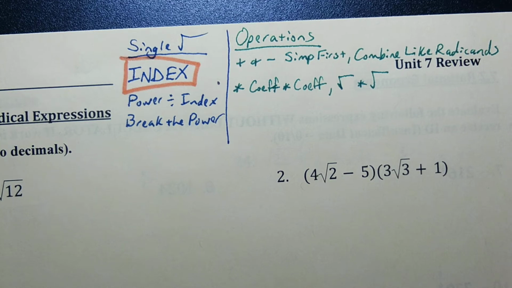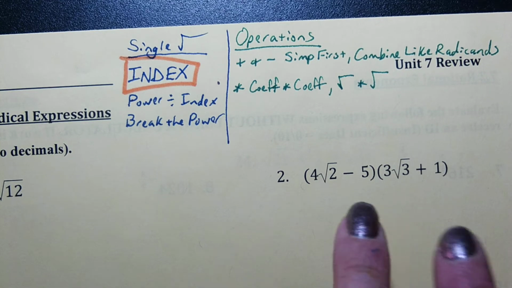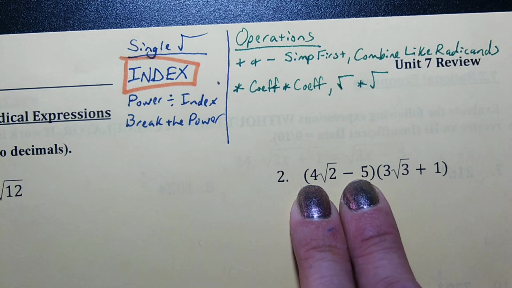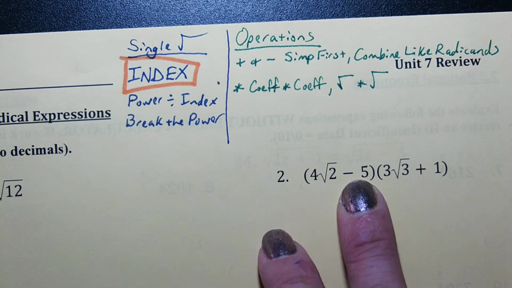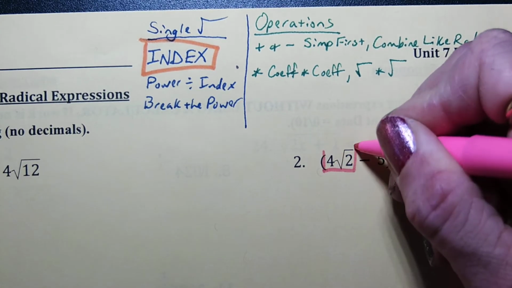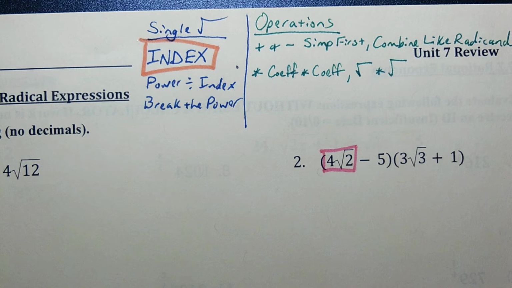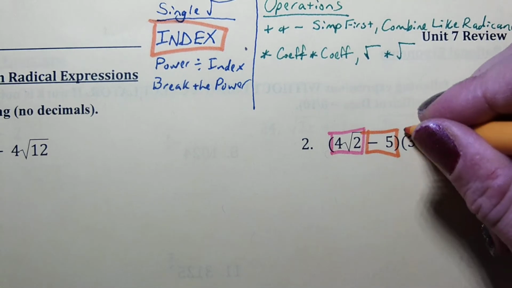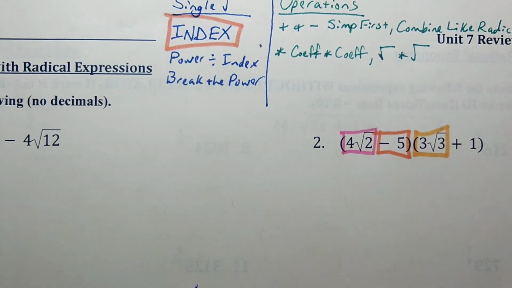How many terms do I have? Is this first parenthesis a binomial or a trinomial? It's a binomial. This is one term with 2 parts. This is one term. And this is one term. And this is one term.